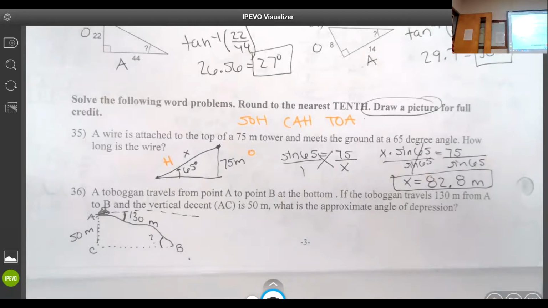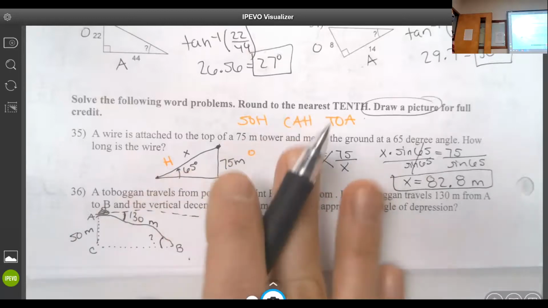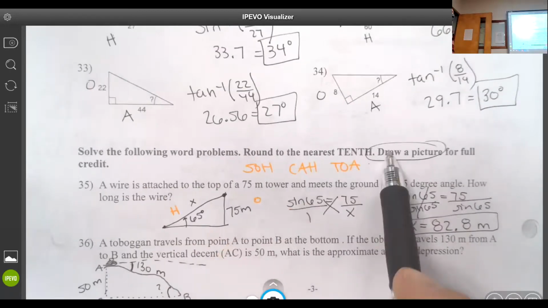So this is a different application problem where we're not missing a side. We want to know what the angle is. So when we want the angle, we're going to switch to use what? Inverse trig. So it's really the same as 33 and 34 here.